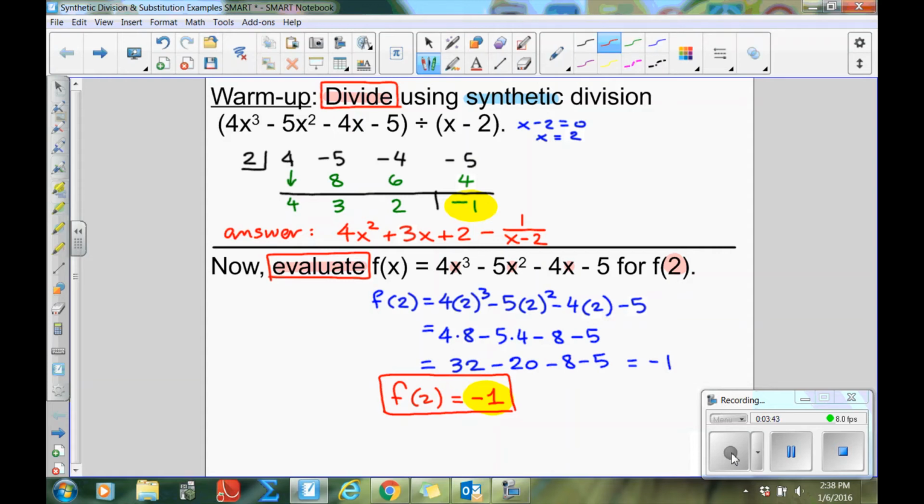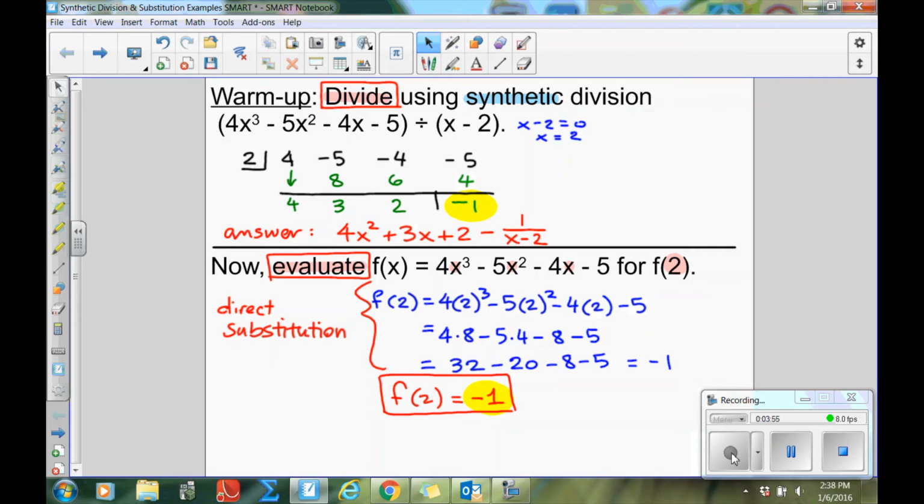What I also want to point out is that this is direct substitution. So again, we could evaluate a polynomial just by plugging a number in. Or we could evaluate a polynomial by using synthetic substitution and finding the remainder. That will always be true.